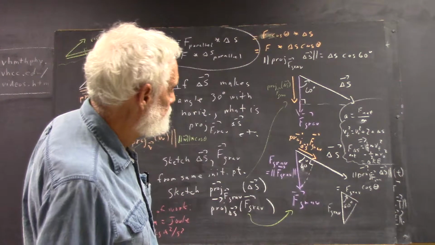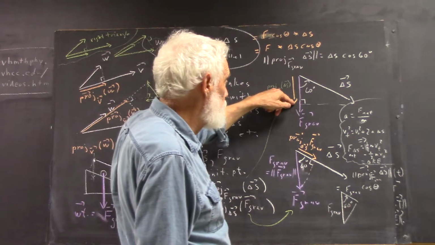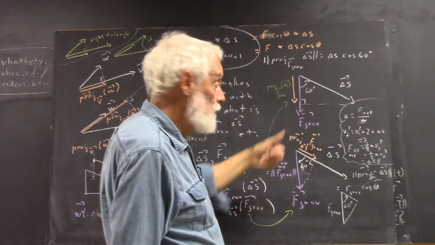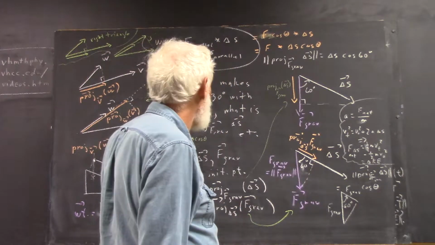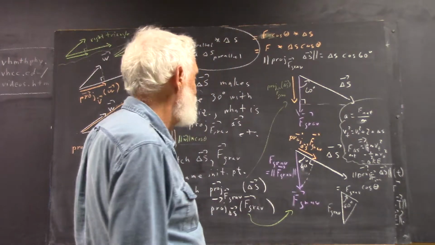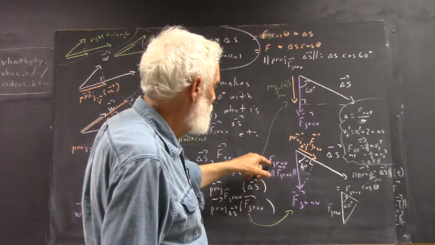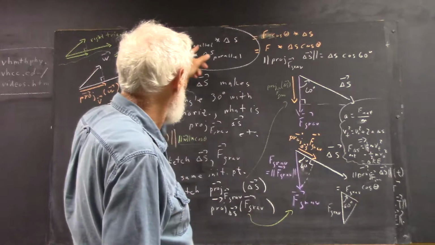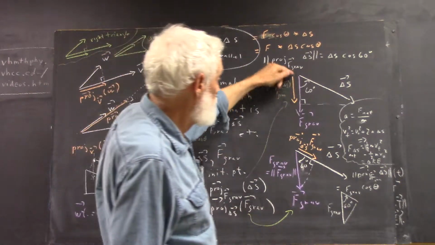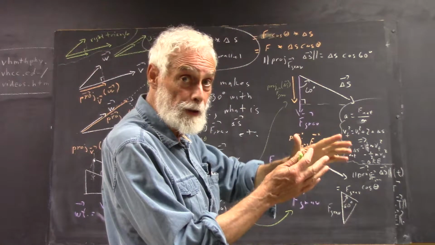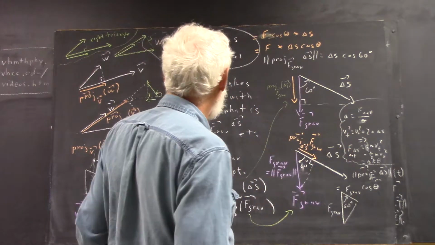And this projection is the component of our displacement parallel to F grav. So this component here is going to be F parallel. And this component here would be delta S parallel. Wherever your delta S and F vectors are.